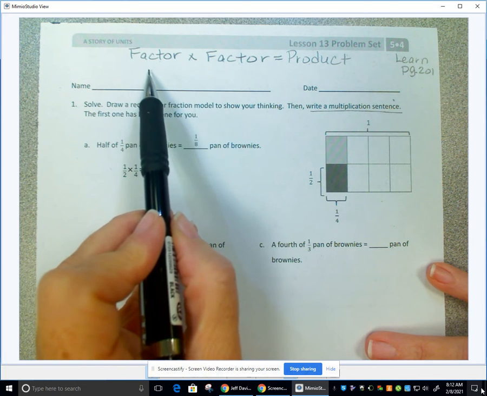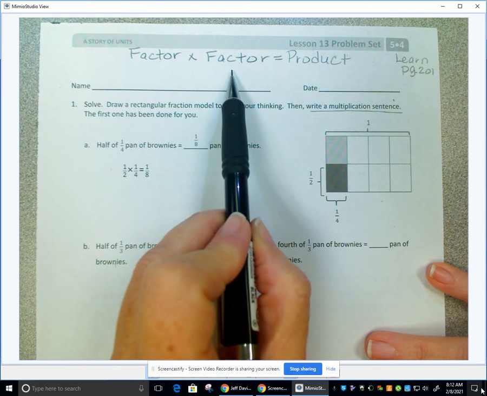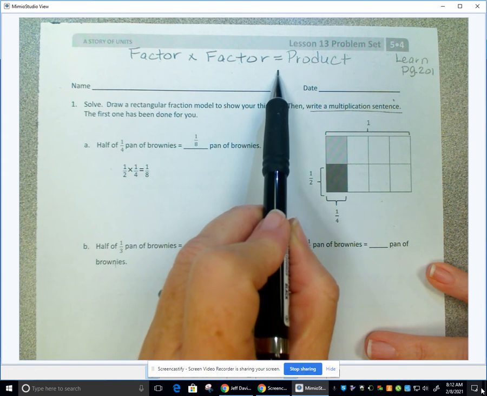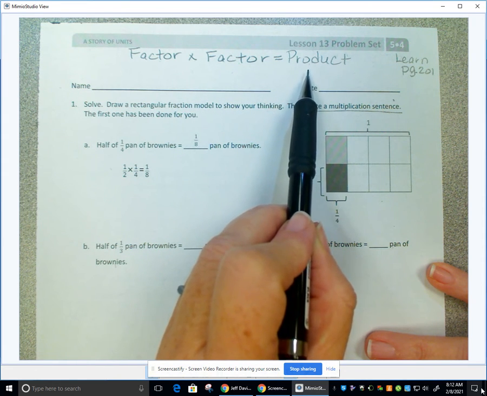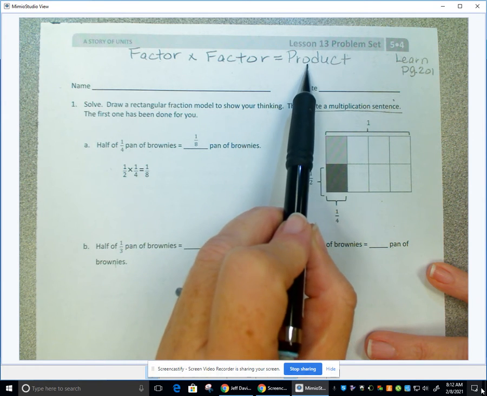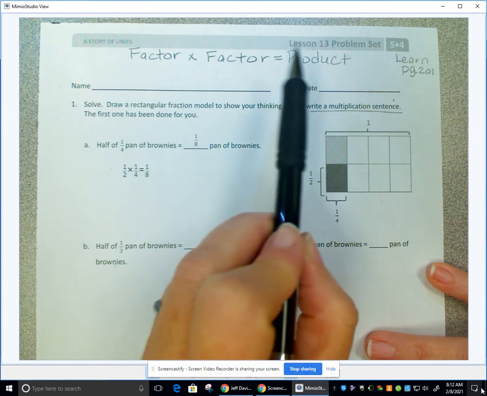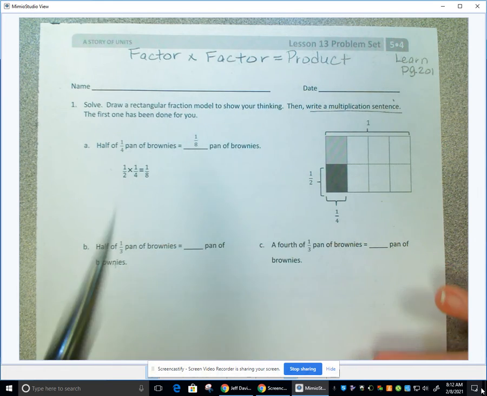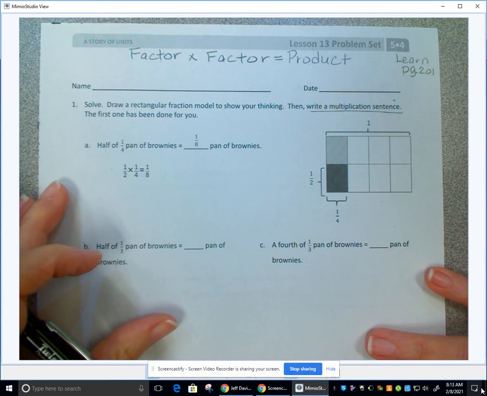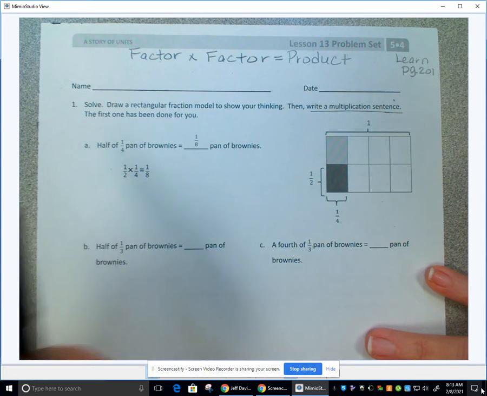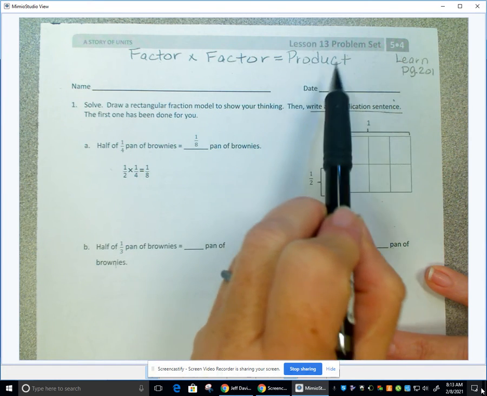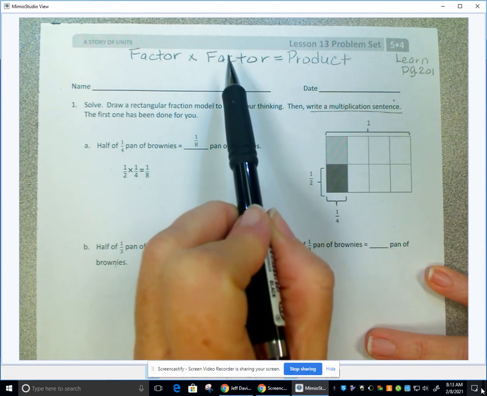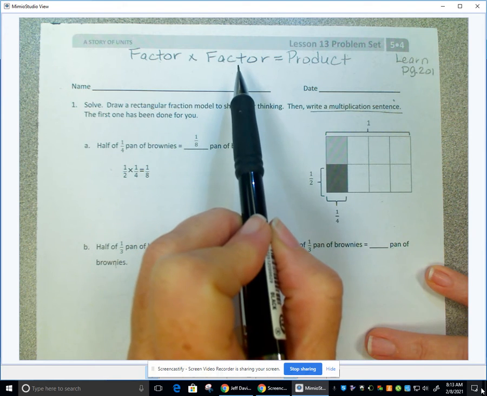If I said 2 times 10, that would equal 20. My product is 20. 20 was larger than 2 and larger than 10. When we multiply whole numbers, that is usually the case. Our product is usually larger than either one of our factors.